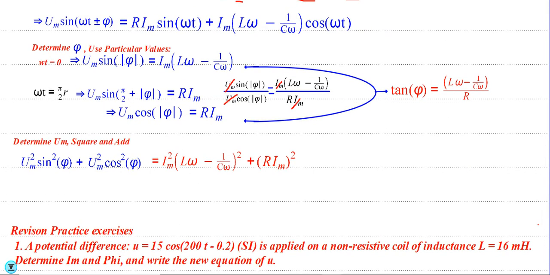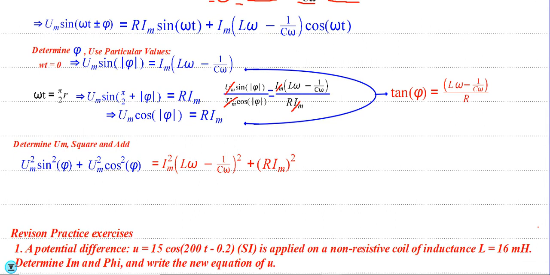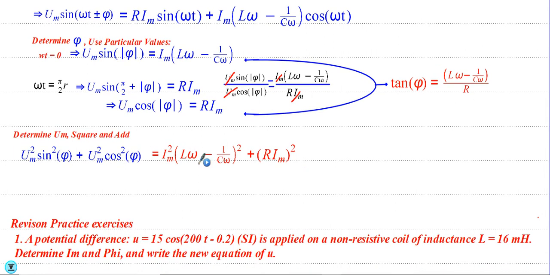That's actually very interesting. And we can take a common factor I m squared. What remains inside is R squared plus L omega minus 1 over C omega all squared.